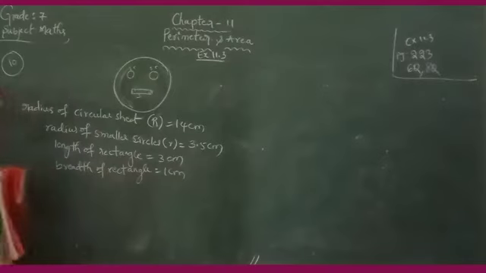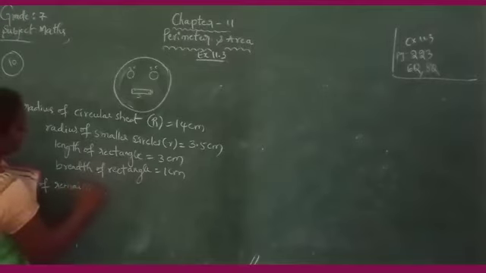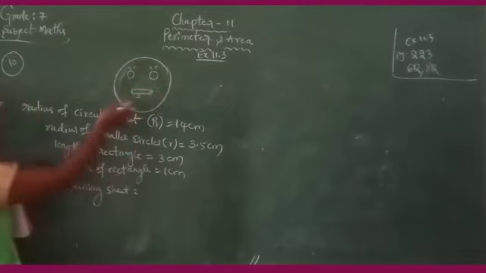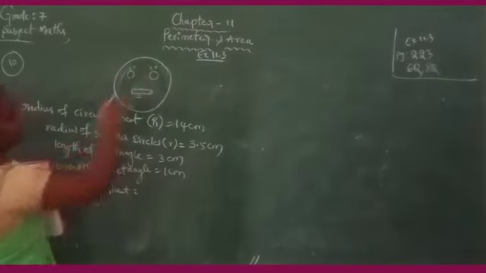Now we have to find the area of the remaining sheet. So for the remaining sheet, we have to remove all these parts, then only we can find the remaining part.